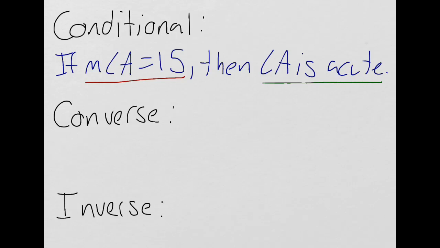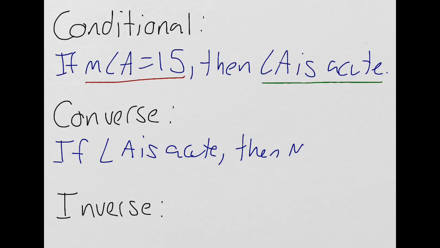So I'm going to switch my P and my Q, my hypothesis and my conclusion. I'm going to say, if angle A is acute, then the measure of angle A is 15.